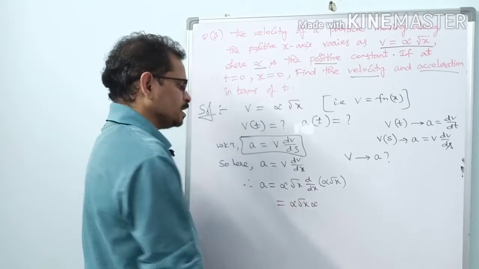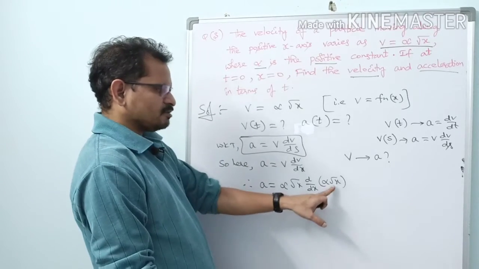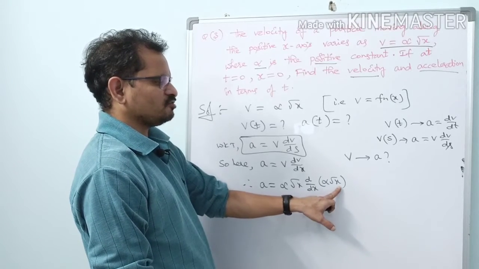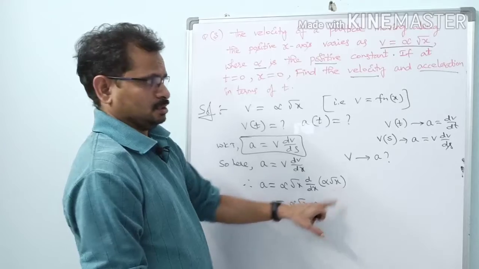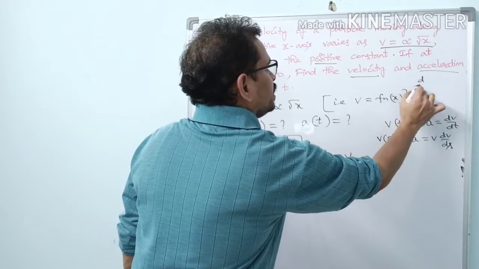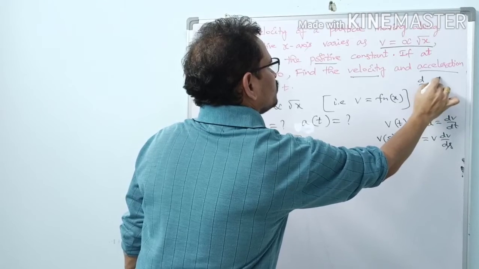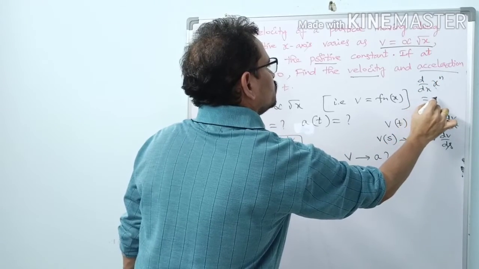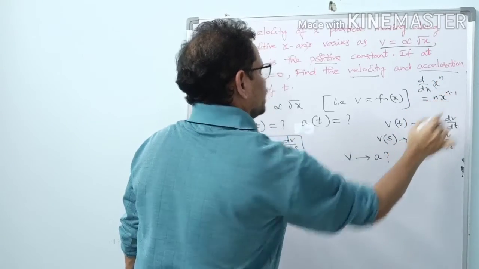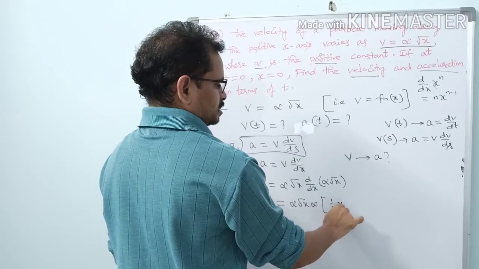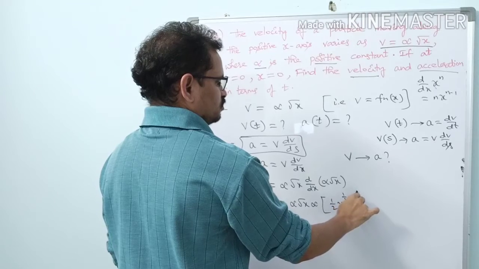Got it? Okay, right. So this is alpha root x. What is the derivative of this one? Alpha will be brought outside, and differentiation of root x. So you know, d by dx of x power n equal to n x power n minus 1. So apply that one.